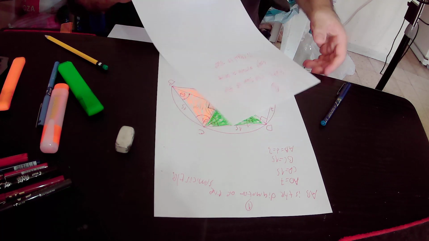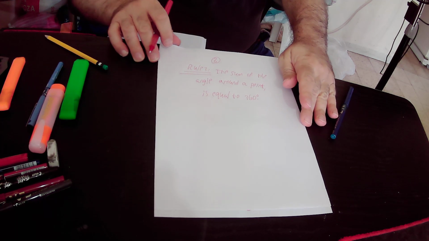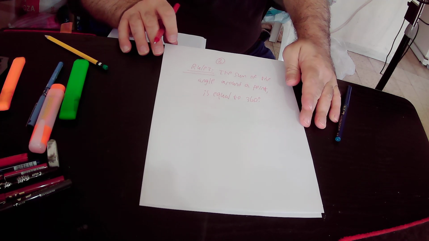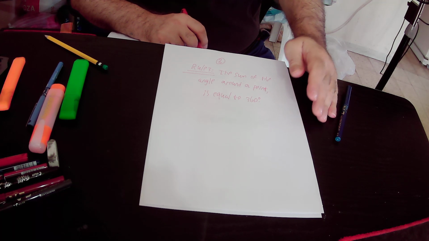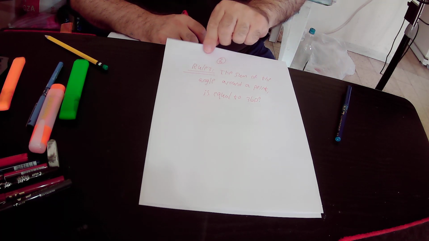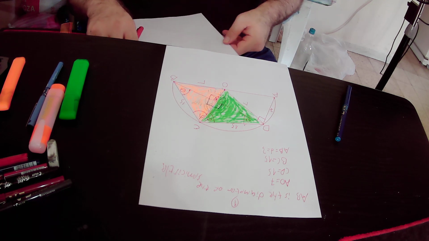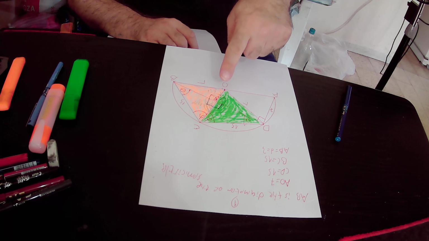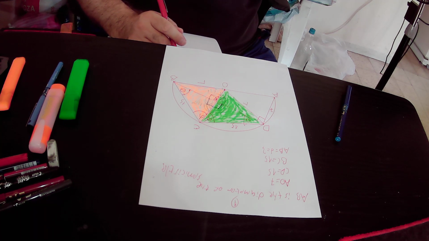So I will read rule number 3 again. Rule number 3 states that the sum of the angles around a point is equal to 360 degrees. According to rule number 3, the sum of the angles around point E equals 360 degrees.